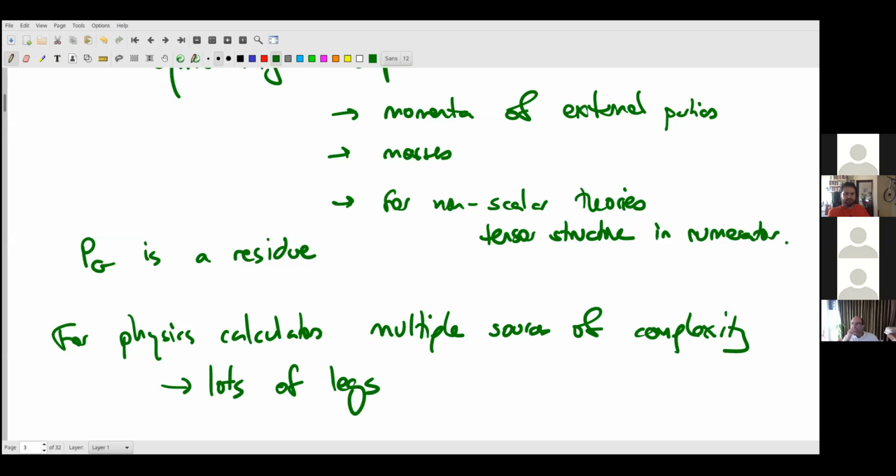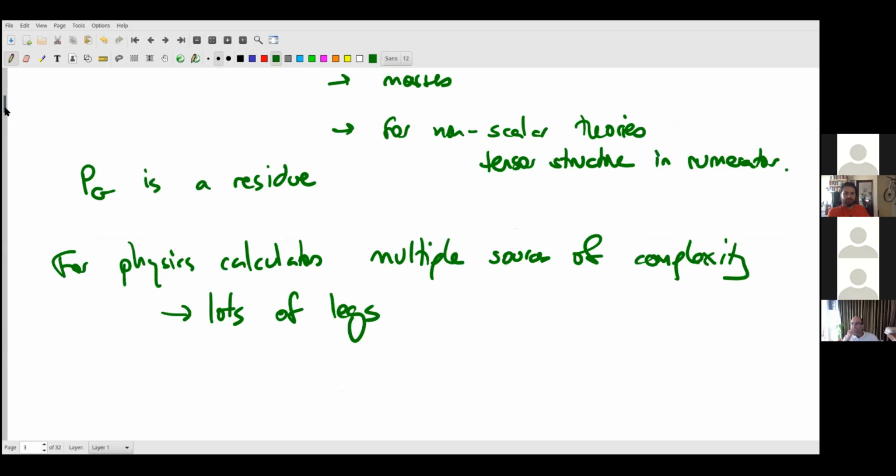If you want to have potentially different masses on each particle, that's more complicated. So there are issues with distinct masses. But then, even if we fix the number of external edges, there's a case of how big the graph is. And in the physics language, that's saying that there are lots of loops.